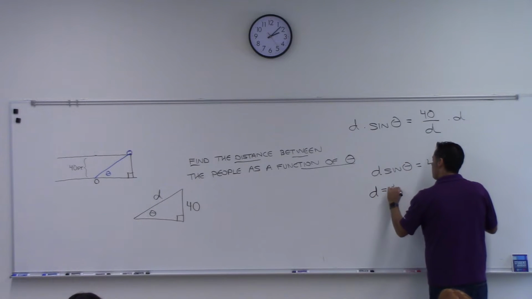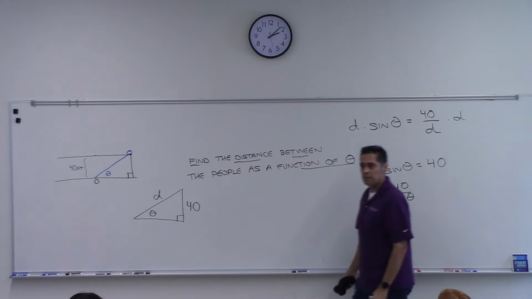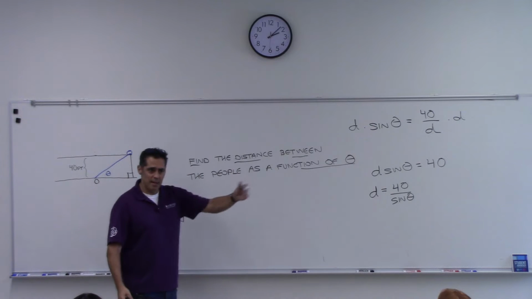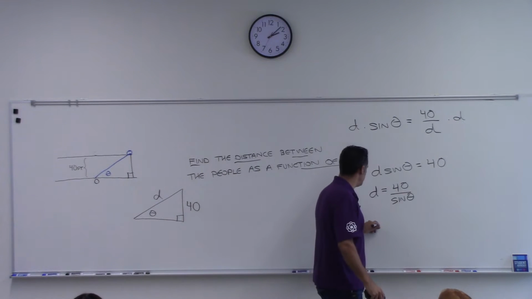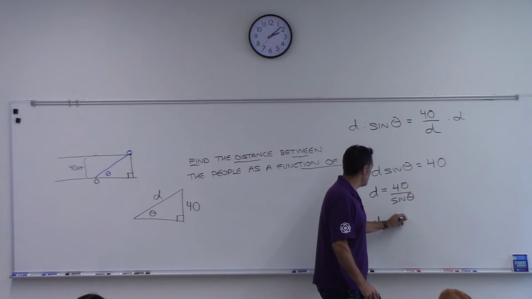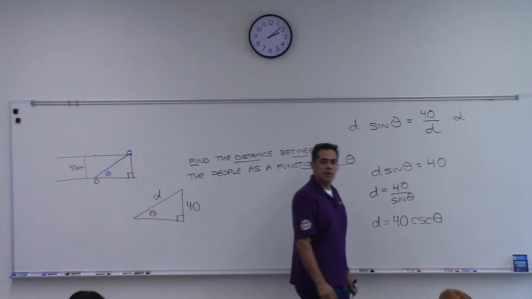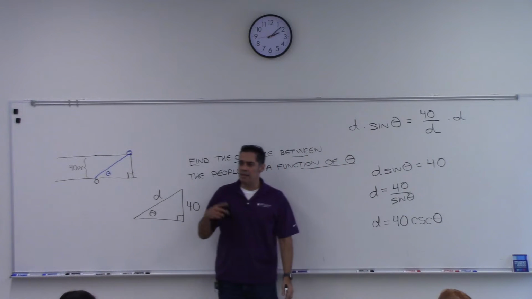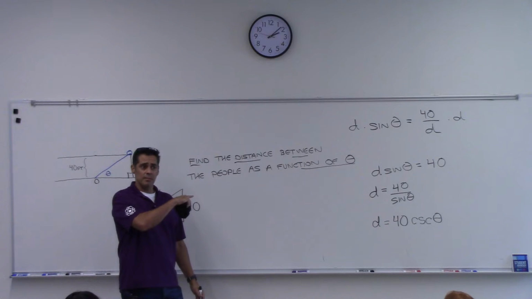D is equal to 40 over sine theta. Still there? Just divide both sides by sine theta. But isn't this the same as d equals 40 times cosecant theta? Isn't dividing by sine theta the same as multiplying by cosecant? Is that the same? Yes?